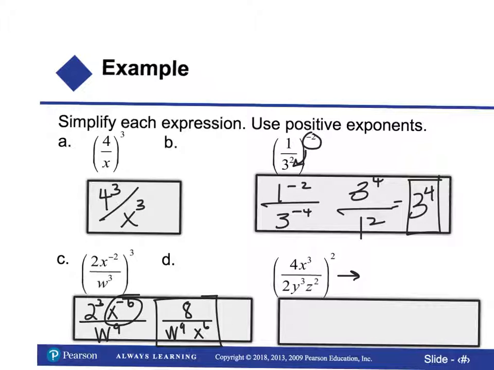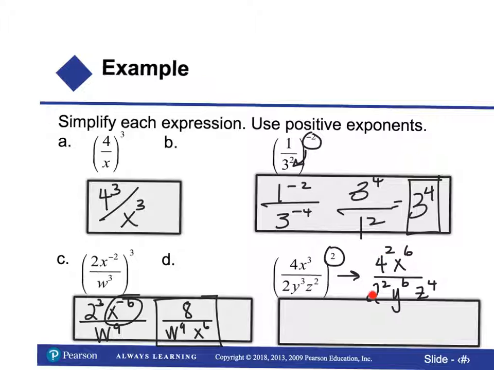Let's apply that 2 to everybody. So 4 squared x to the 6 over 2 squared y to the 6 z to the 4th. And variable wise, nothing can reduce or combine, because we don't have like bases.